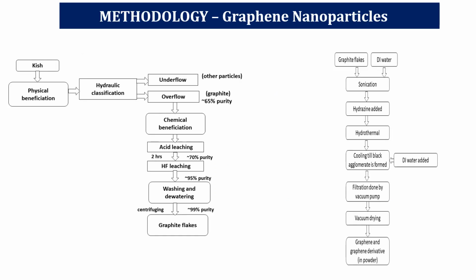So how will these graphene nanoparticles be made? Kish is a general term for the waste material that collects at the surface of molten iron after it is tapped from the blast furnace. At tapping temperature, the liquid iron is saturated with dissolved carbon.